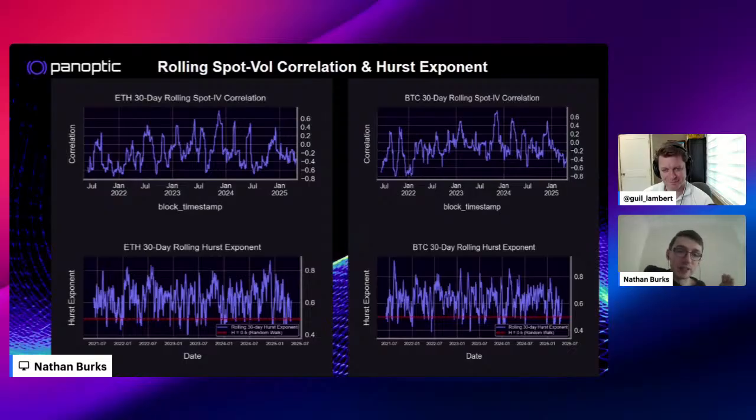So it's all about tweaking and fine tuning those indicators. And if one portends the other, like if the quick flip of the switch in the Hurst exponent presages the spot vol correlation or vice versa.